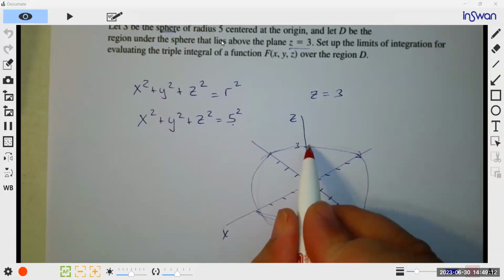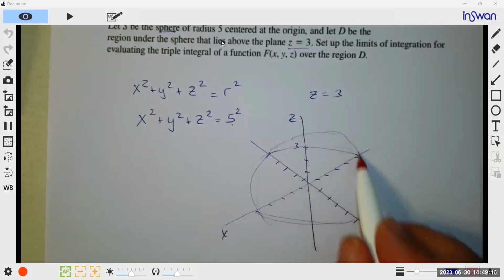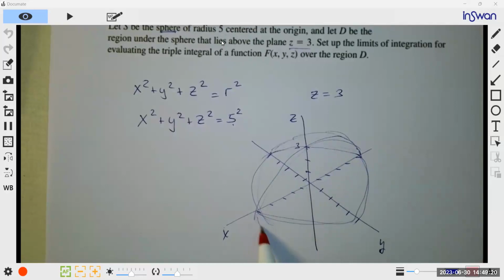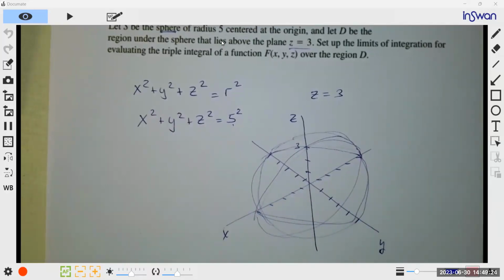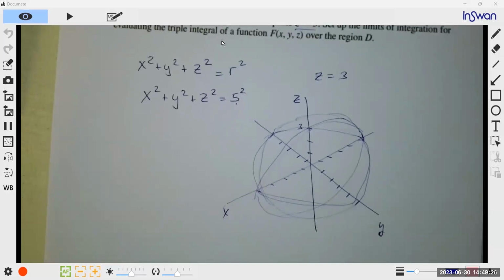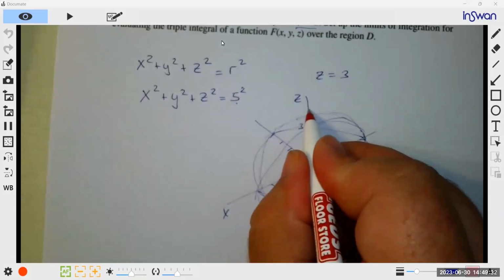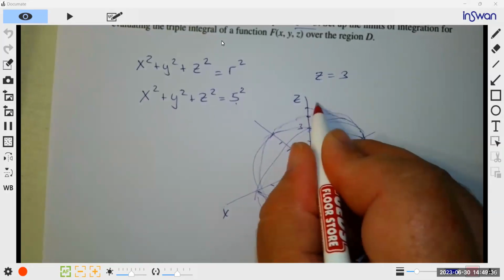We want it to be 3 units above. It's a sphere. That's supposed to be round. Now, this is also 5. The highest point here has to be 5.